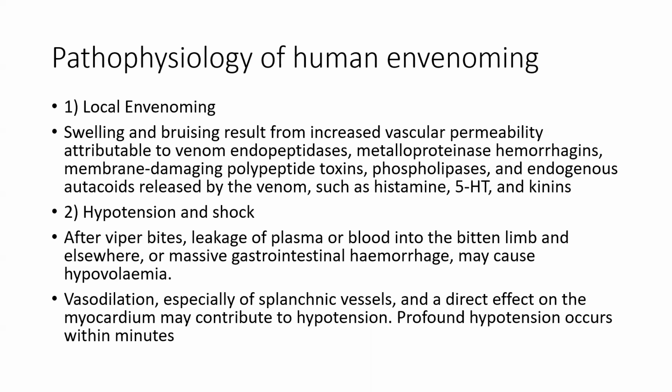Then it will result in hypotension and shock. After viper bite, leakage of plasma and blood into the bitten limb and elsewhere, or massive gastrointestinal hemorrhage, may cause hypovolemia. Vasodilation, especially of splanchnic vessels, and direct effect on the myocardium may contribute to hypotension. This profound hypotension occurs within minutes.